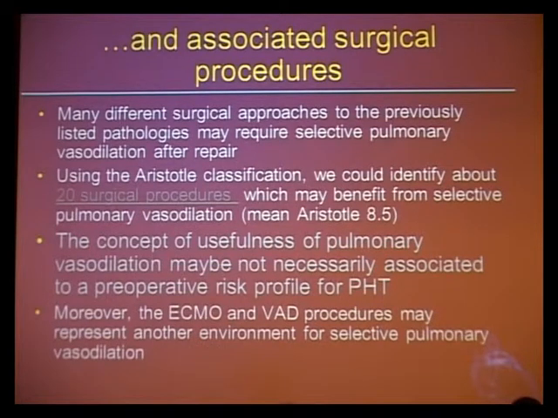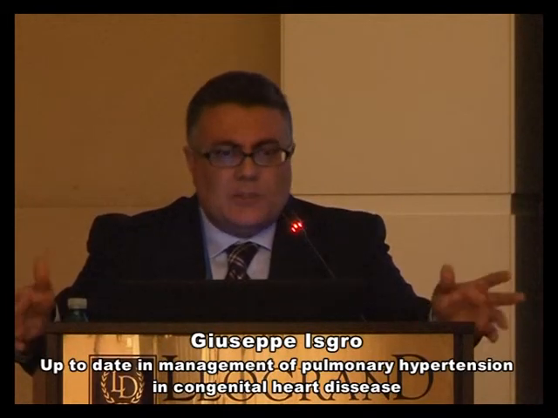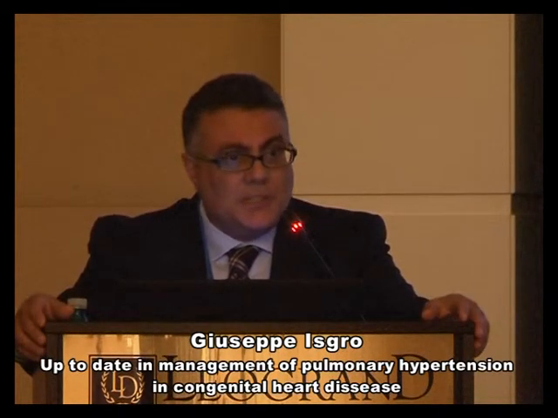And we know that many different approaches to the previously listed pathologies may require selective pulmonary vasodilation after repair, just in the OR. We know also that there is a list of almost 20 surgical procedures according to the Aristotle score.